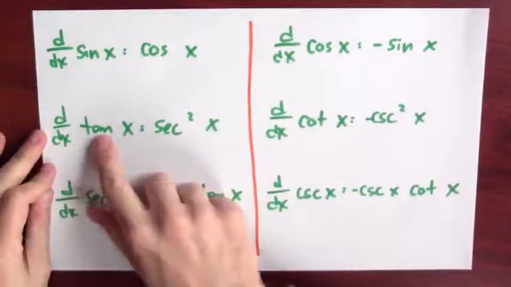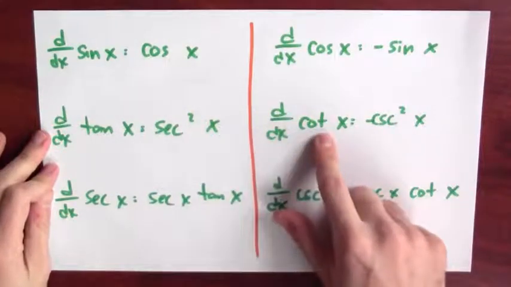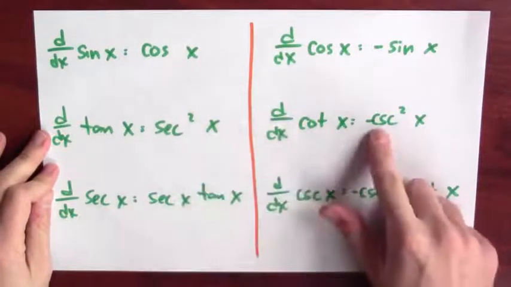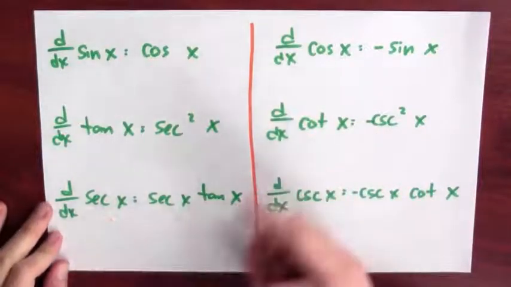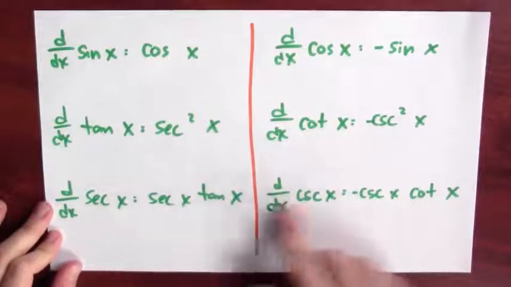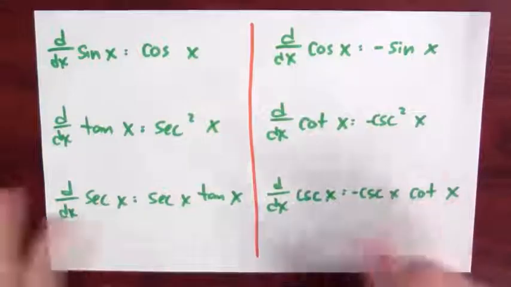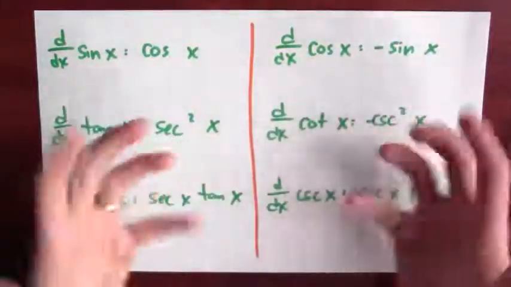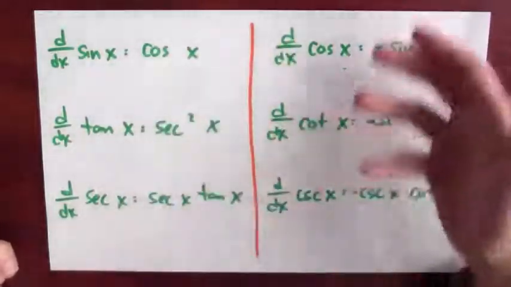The derivative of tangent we saw as secant squared, and the derivative of cotangent is cosecant squared, but with a negative sign. And the derivative of secant we just saw is secant tangent, and the derivative of cosecant is negative cosecant cotangent. So there's definitely some symmetry here, and you can exploit that symmetry to help you to remember these derivatives.